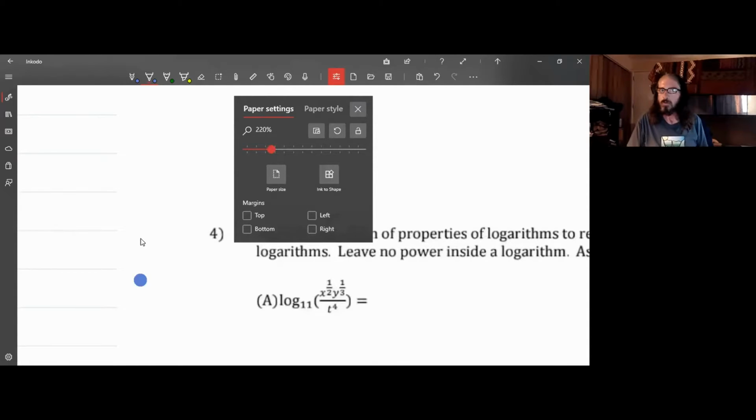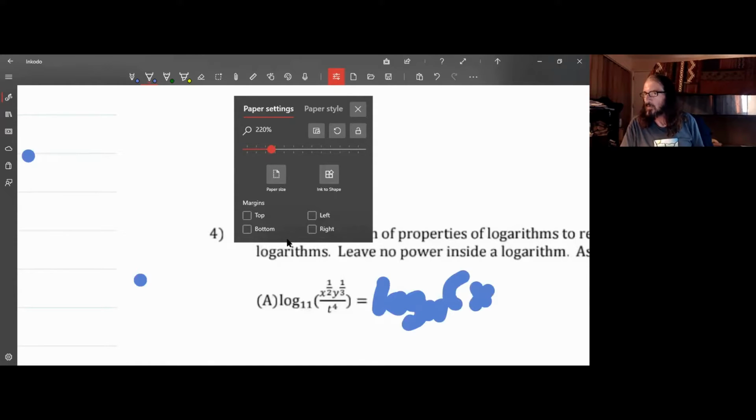So let's see here. We would have the log in base 11 of the product of x to the 1/2 times y to the 1/3 minus the log in base 11 of t to the 4th.